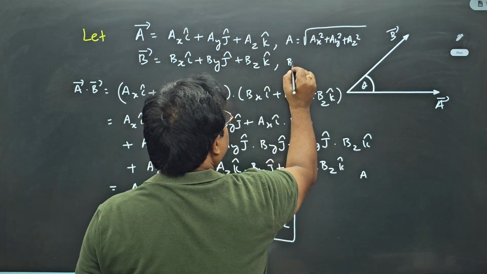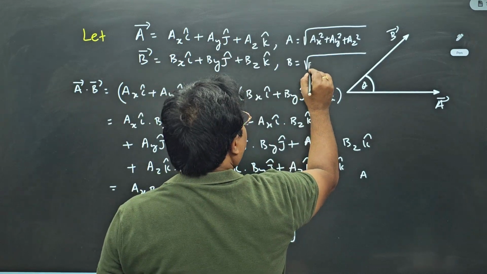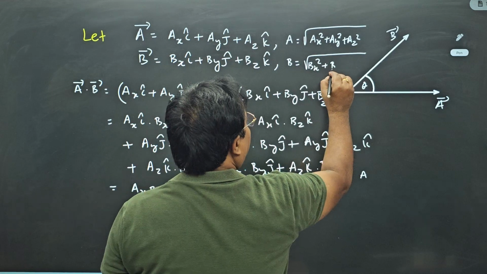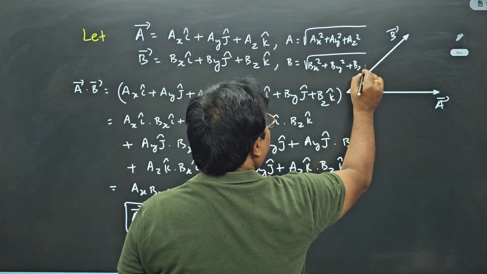Similarly, what is the magnitude of b vector? Component of i cap square, that is bx square, component of j square, that is by square, plus component of k square, that is bz square.